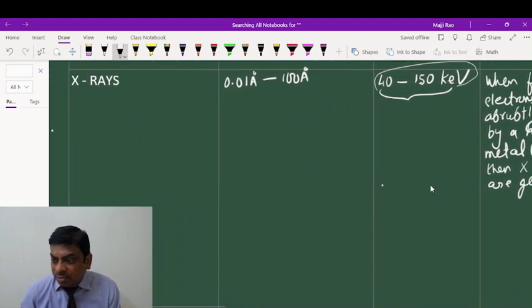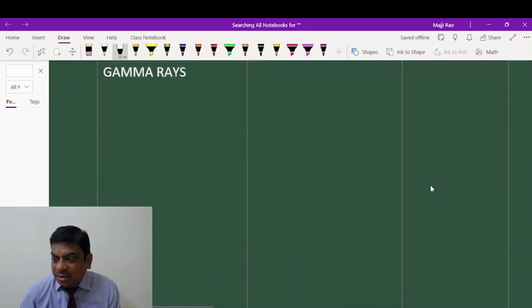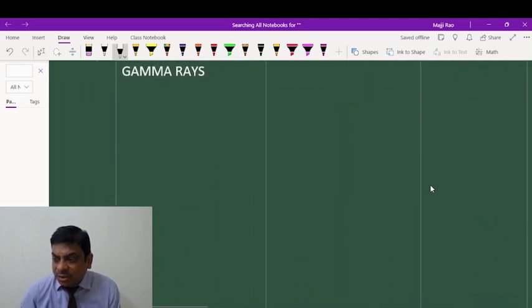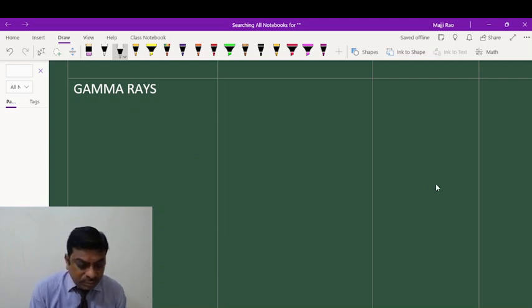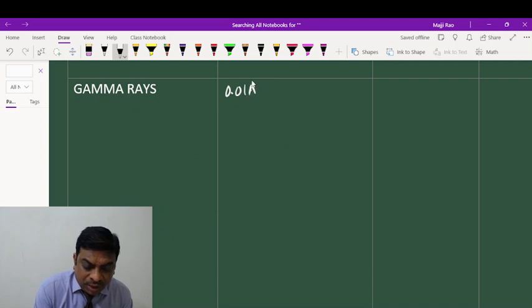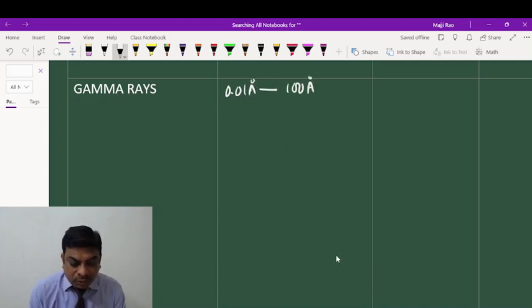Now, finally, we have gamma rays. These gamma rays are the highest energetic waves of the electromagnetic spectrum. Their wavelength ranges from 0.01 angstrom to 100 angstrom.